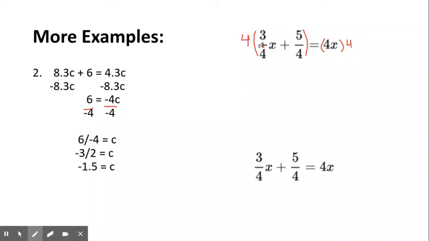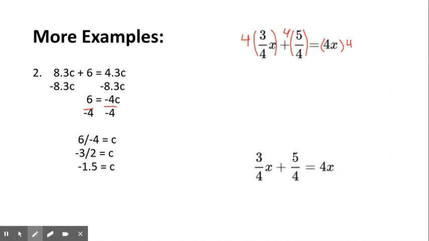You could also write it individually. So instead of saying I'm multiplying this entire side by 4, you could just show I'm going to multiply everything by 4. So I'm going to multiply this term by 4 and multiply this term by 4. I think this is usually the most helpful way. But the idea is whatever the denominator is, here it's a 4, we want to multiply every part of the equation, every term, by that number.